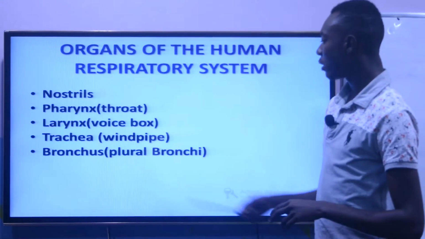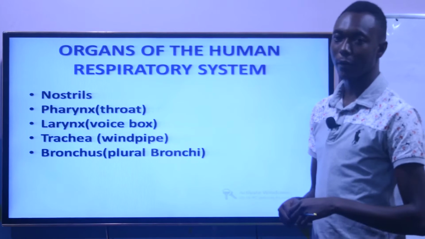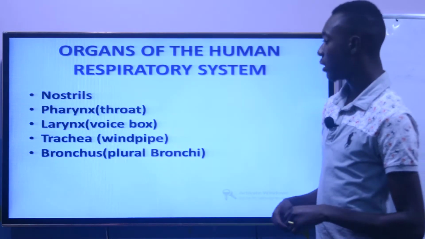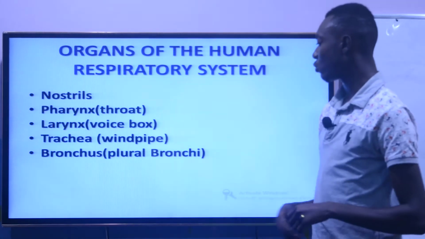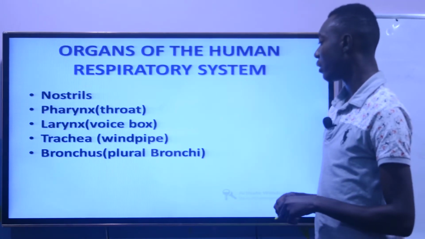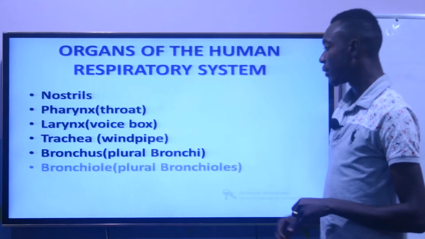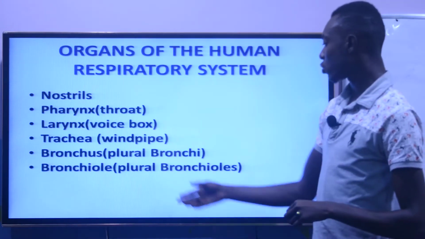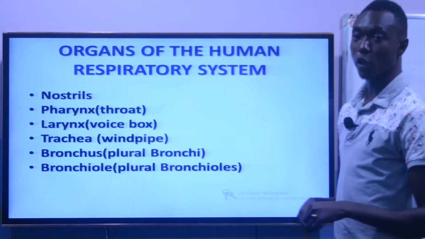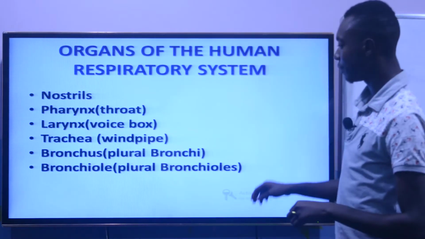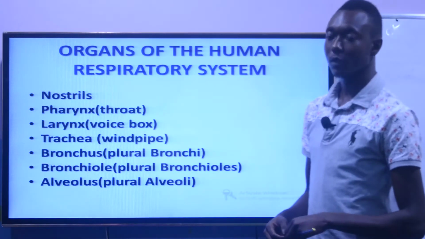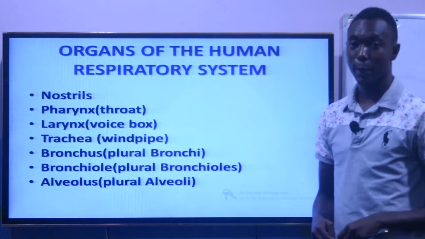Its plural form is bronchi. Others refer to them as bronchi. We also have the bronchiole, and its plural form will be bronchioles. And then the alveolus. Its plural form is alveoli.